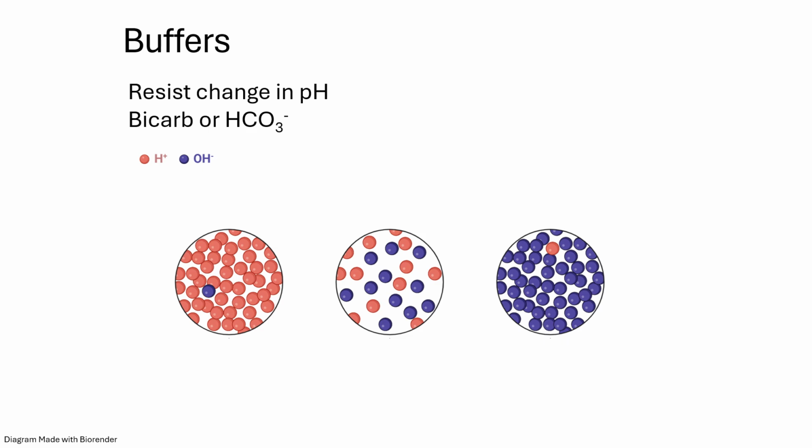Thankfully, there are substances in your blood called buffers, and buffers resist a change in pH by absorbing or bonding with the excess H+ cations or the excess OH- anions. If your blood is acidic, there are substances that can bond with those excess cations, raising your blood's pH.